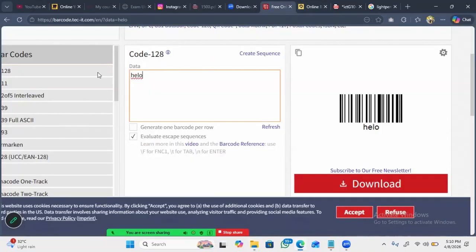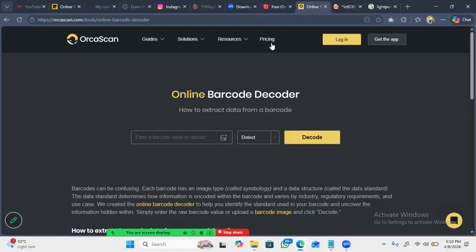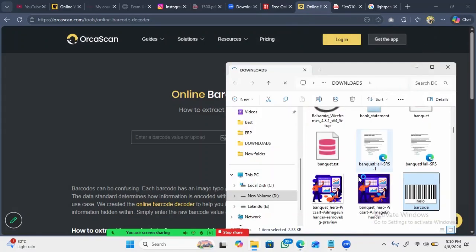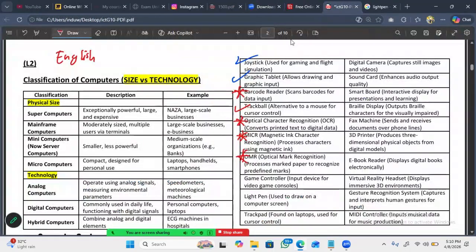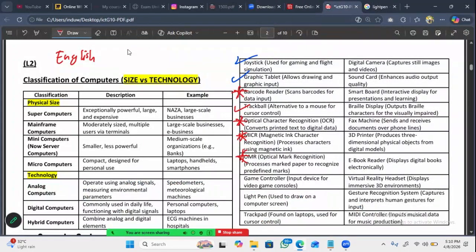So I typed the English word here, and I generate the barcode, and I am uploading the barcode here. Let's see, hope we will get the original text. Okay, no issue. Anyway, it's like another language. You can write anything in the barcode.